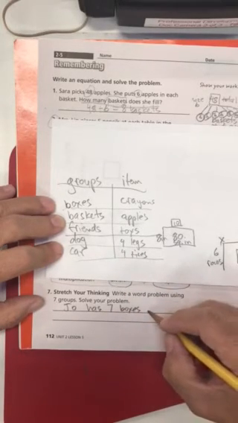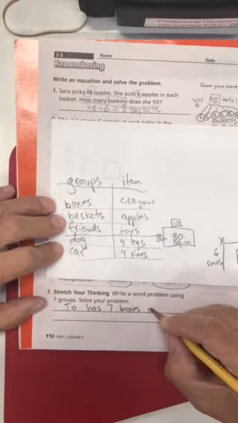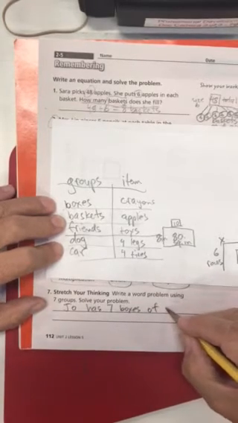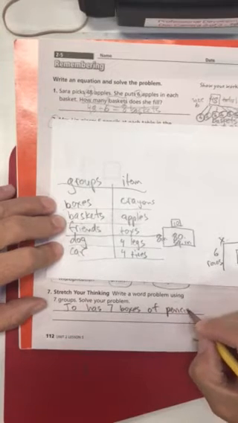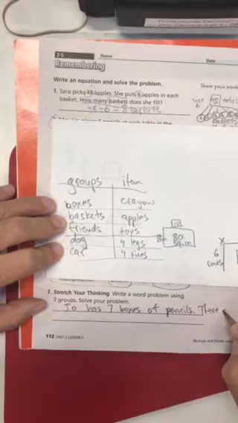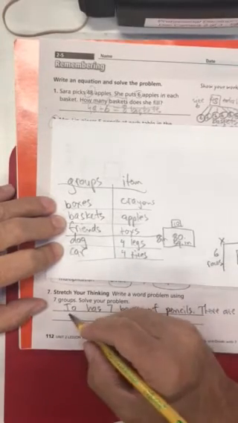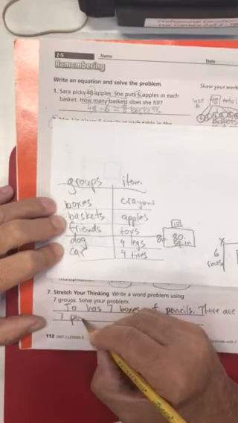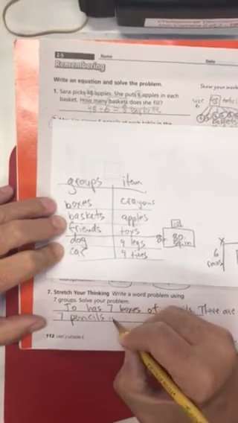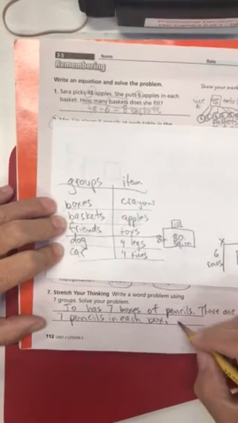How many items are in each box? Joe has 7 boxes of pencils. Decide how many, think of an easy number. There are 7 pencils in each box. Now you have to think of a question.